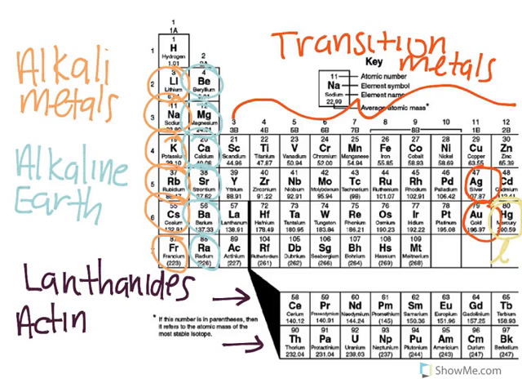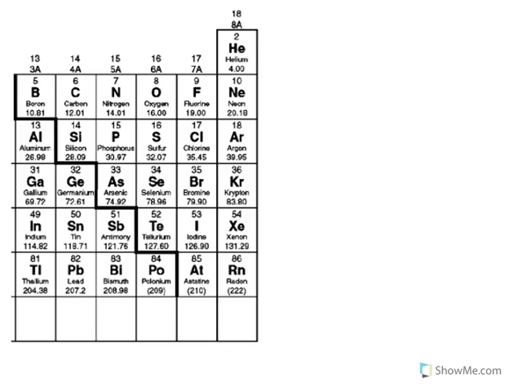And we don't talk about them too much in detail either. They do have properties that kind of vary element to element. And again, you do want to know that the lanthanides do belong in period 6, and then the actinides do belong in period 7. So let's move along and let's look at some of the other elements and other groups that we have.